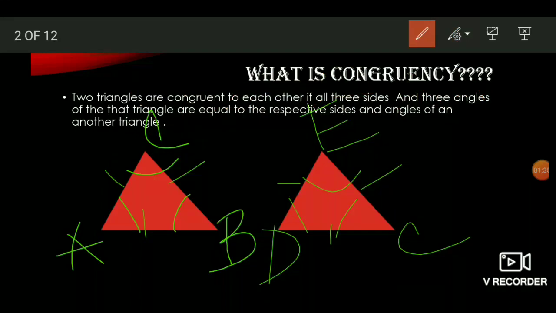We are referring to the fact that each interior angle is equal to the respective angle of the other triangle. Suppose angle A will be equal to angle D in triangle DEF, or any example you take. All the angles, each angle will be equal to the respective angle of the other triangle, and also the three sides will be equal to the respective sides of the other triangle.